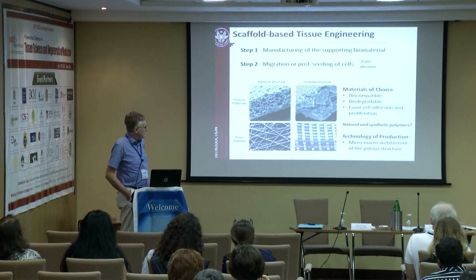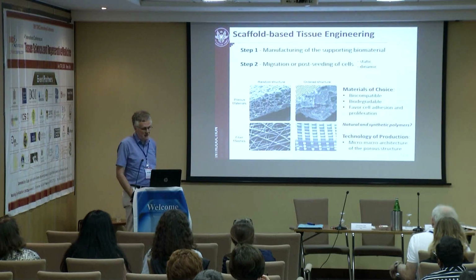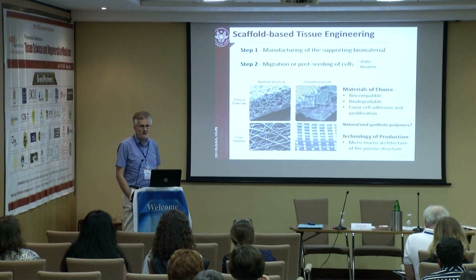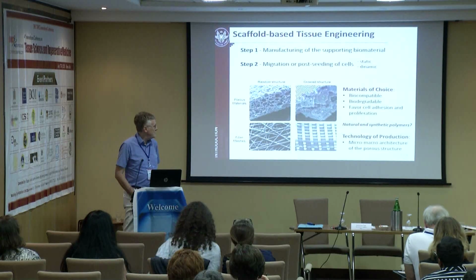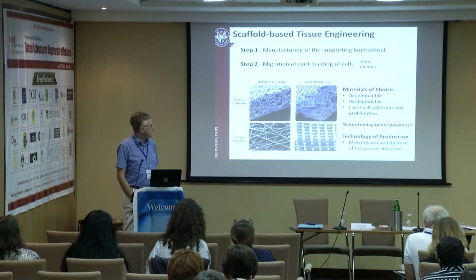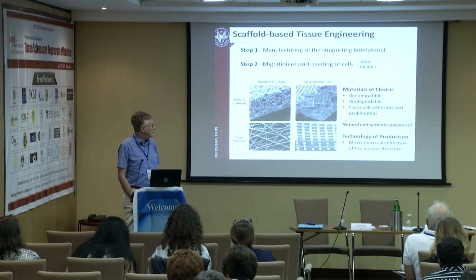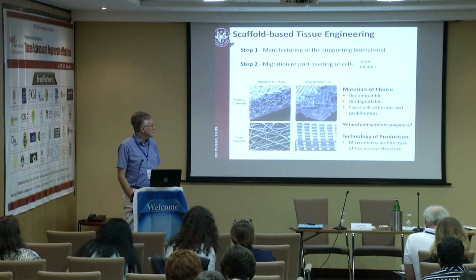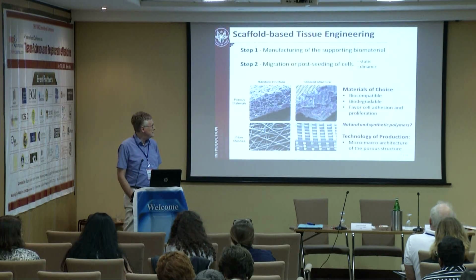One of the most advanced recent technology allows the production of scaffold according to a predetermined design. The materials chosen for the fabrication of scaffold must be biocompatible, biodegradable, and favor cell adhesion and proliferation. It can be made either from a natural or synthetic polymer.